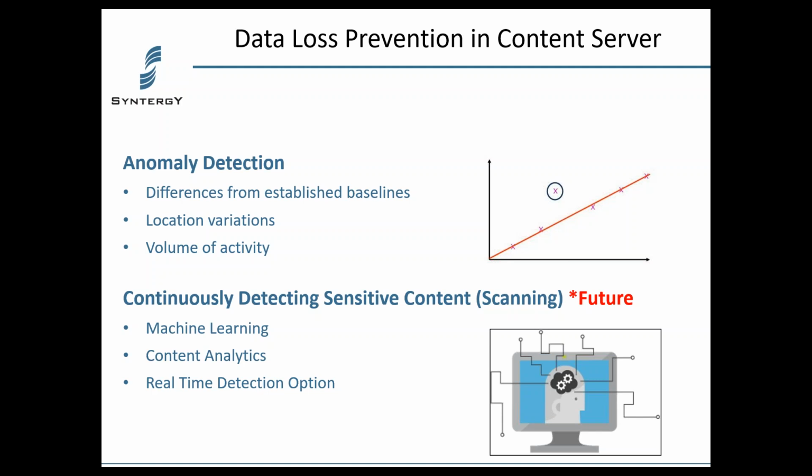How do I get a dashboard of what's in my Content Server, so that I know it's in a secure location? That's coming as a second SKU for this Content Sentry platform.